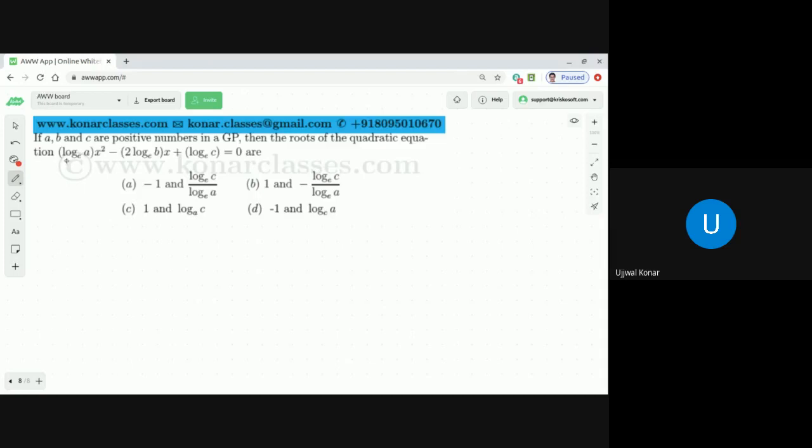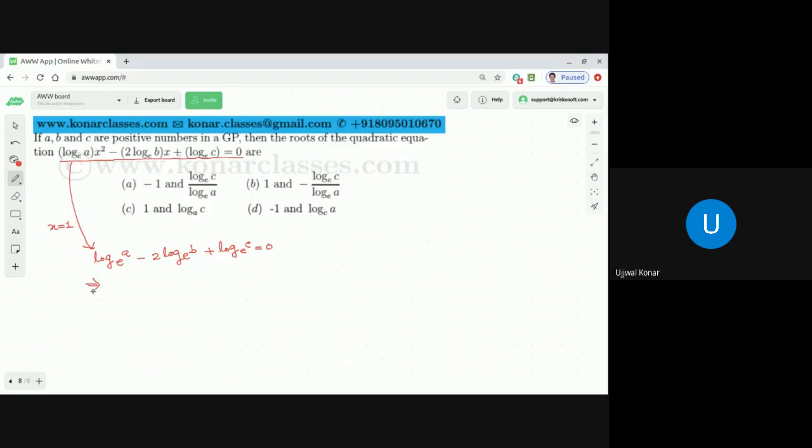This is the given equation. Here we are applying x is equal to 1, dear students. Let's see what happens. If we apply x equal to 1, we get log a base e minus 2 log b base e plus log c base e is equal to 0.